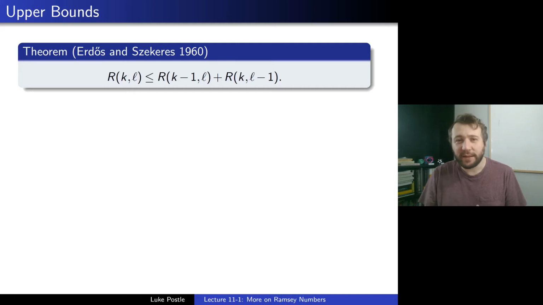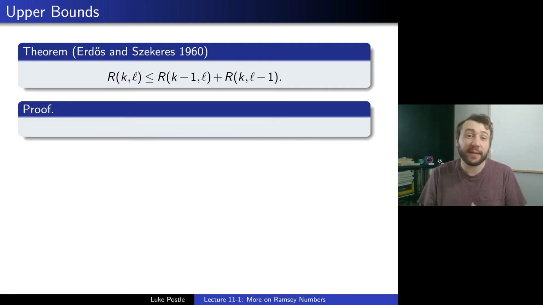This was the proof of this. It's the same as last time, it's just the majority argument. You look at a vertex and see whether it has more red neighbors or blue neighbors, and you'll realize that you'd have to have one of those, and then you could do induction. So what does that say?